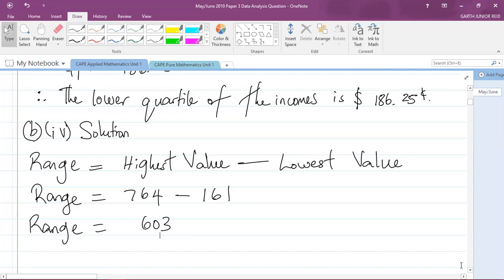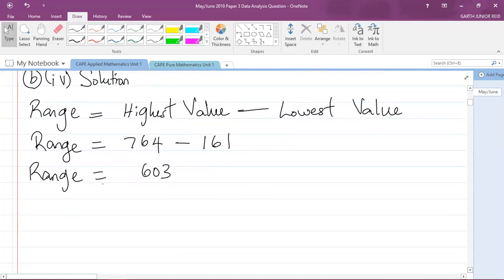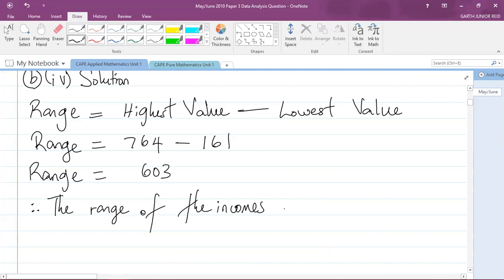All right, good. So I can now say, therefore, the range of the incomes is $603.